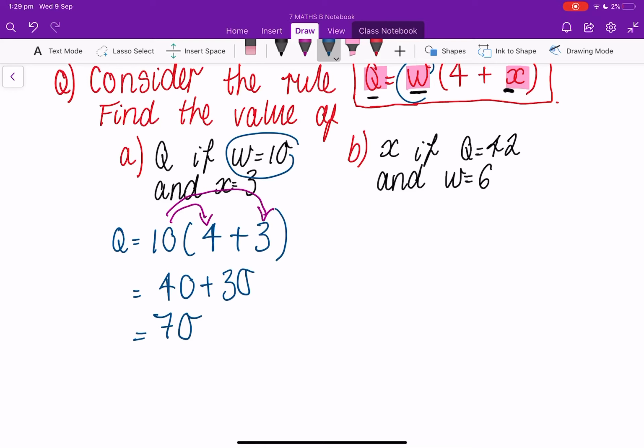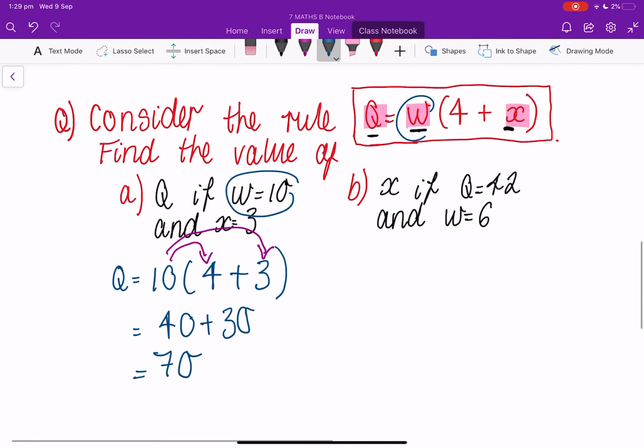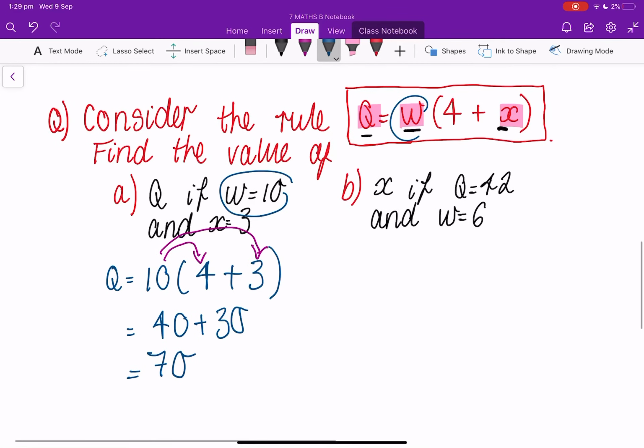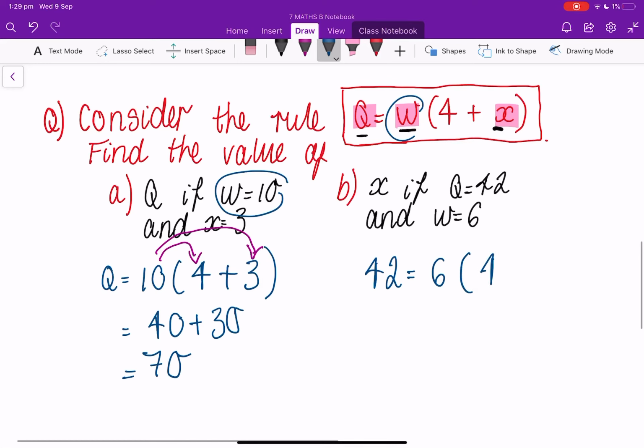So let's do one more example here. Find the value of x if q is 42 and w is 6. So this time we know what q is. So q is 42 equals 6, because w is 6 and we're swapping it in. 4 plus x.